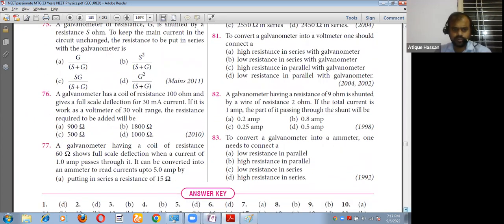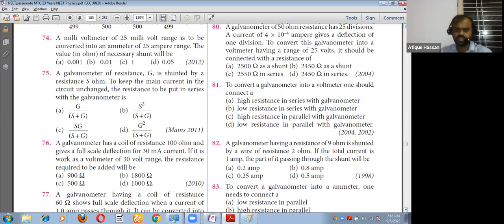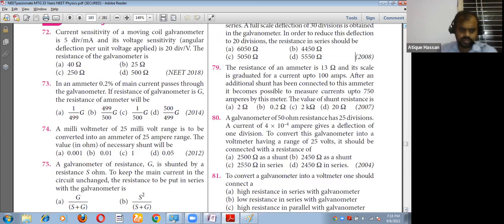Now we will do some questions based on conversion. That is very important. Basically questions are asked based on conversion, and sometimes you may get the term full scale deflection, which means maximum deflection. So we will see questions.